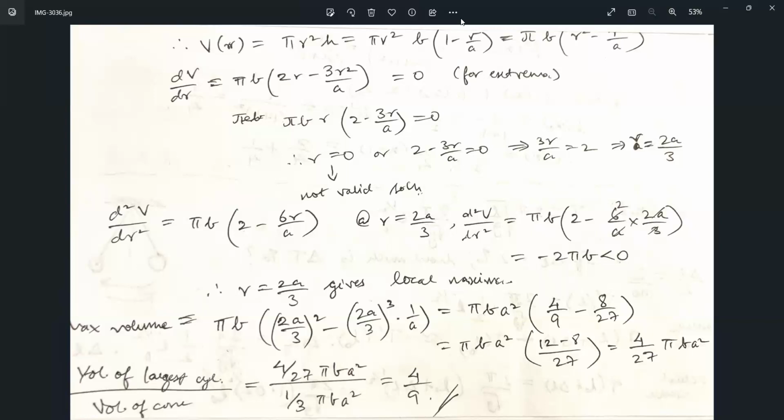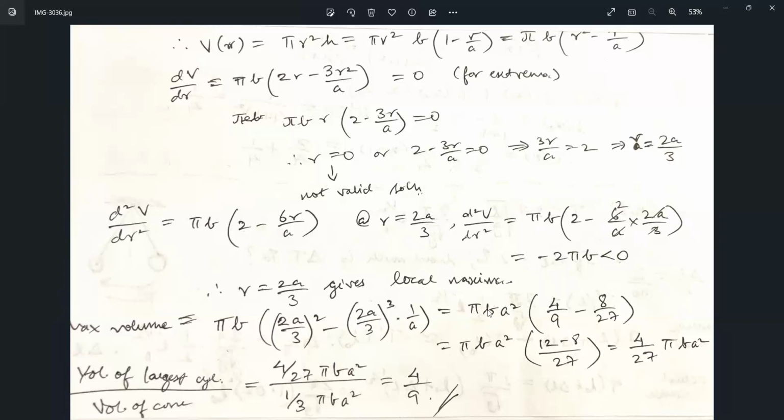Now the maximum volume, that is what is asked in the question. So for r equal to 2a by 3, we just substitute in this expression, V equal to V of r. So what I get is pi b, 2a by 3 the whole square minus 2a by 3 the whole cube into 1 by a.